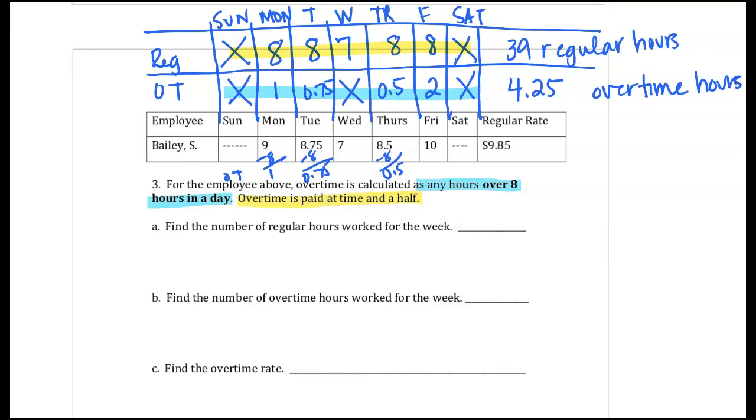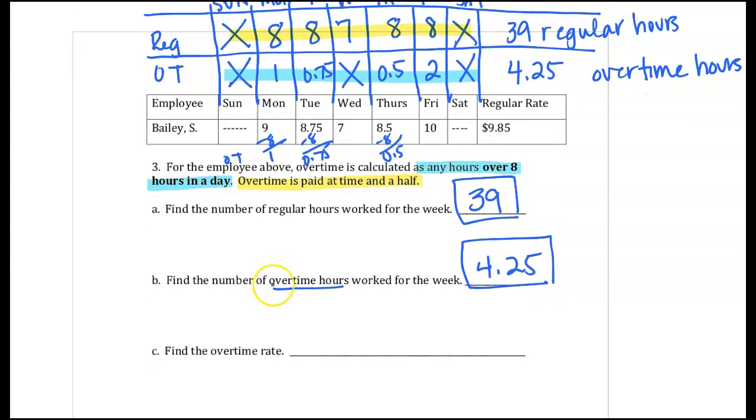Now let's go down to part A, B, C. The number of regular hours worked was something we already calculated, 39 regular hours. The number of overtime hours worked, we also calculated here in the second row, 4.25 overtime hours. Part C, overtime rate is time and a half.